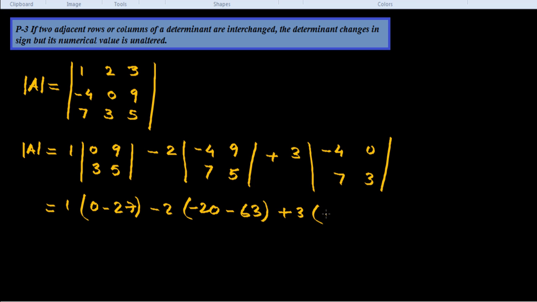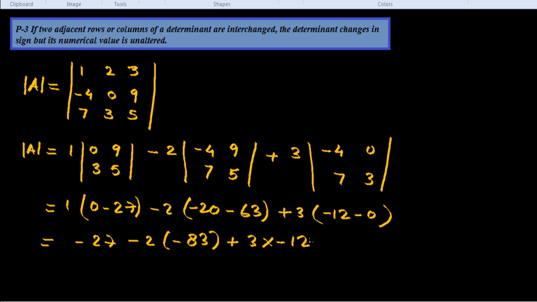Just 1 times, 0 minus 27, minus 2 times, minus 20 minus 63, plus 3 times, minus 12 minus 0. You get here minus 27, you get here minus 2 times minus 83, and here we get 3 multiplied by minus 12.